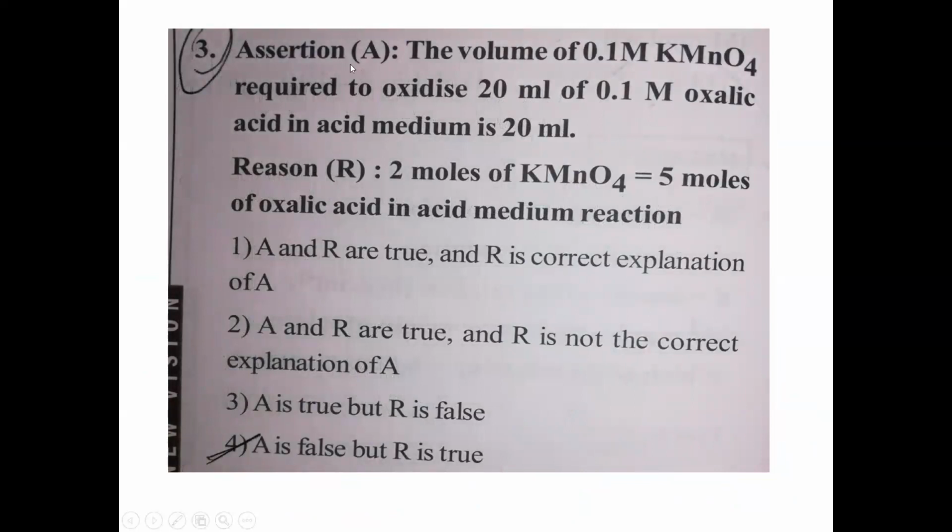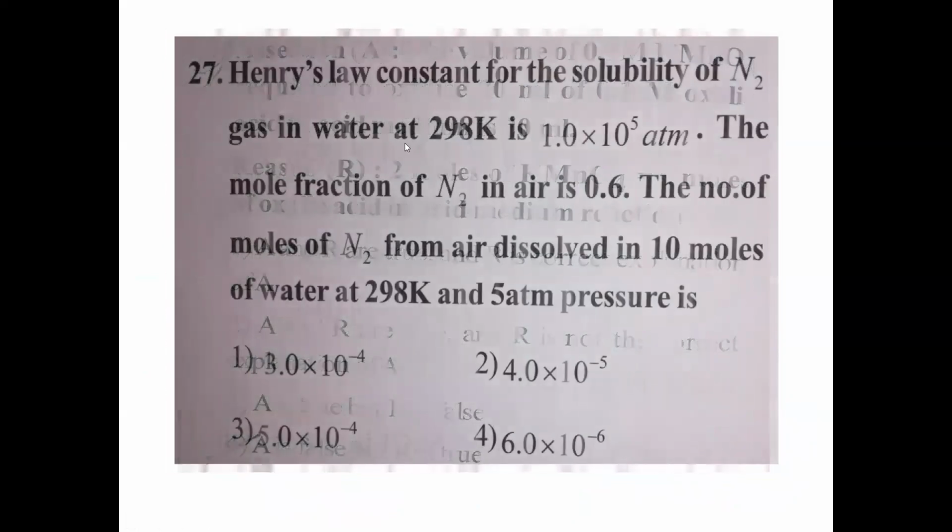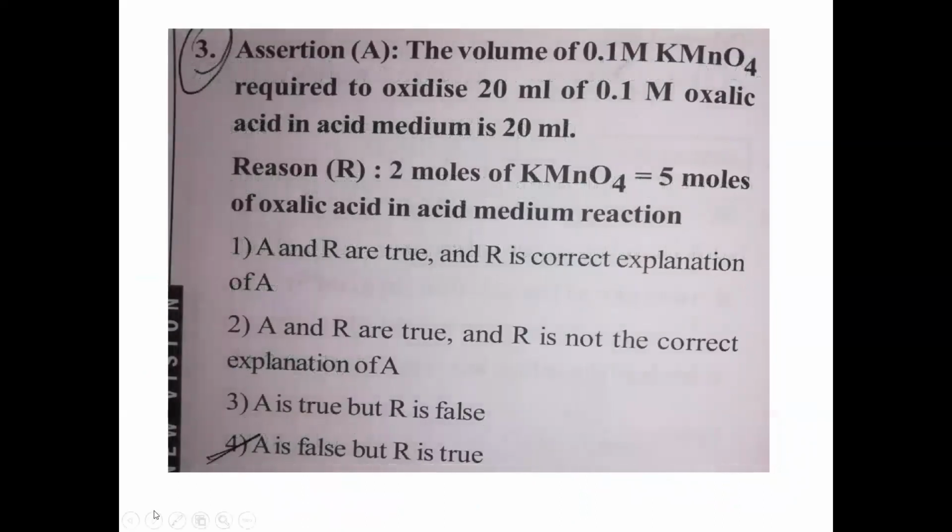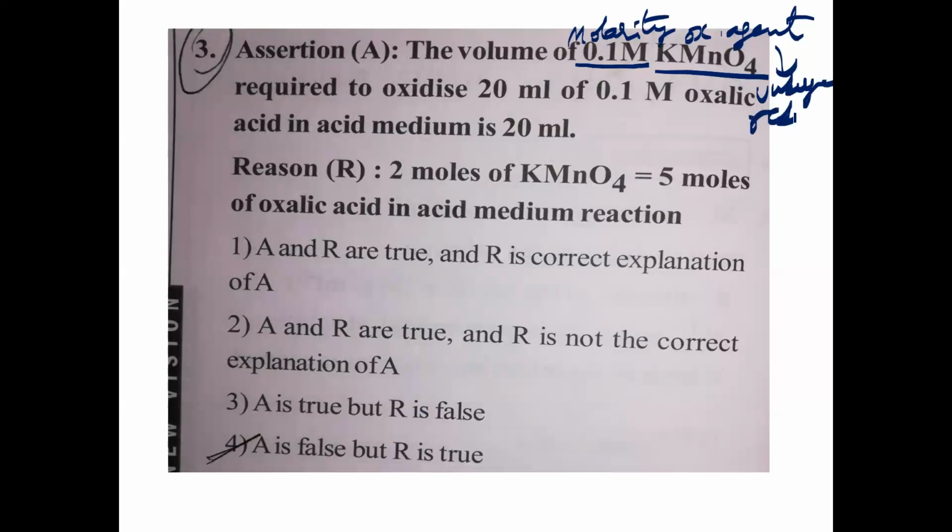Next one, assertion and reason type. Now in this, what is given is the volume of 0.1 molar, so molarity given. Molarity of which substance? KMnO4. It is an oxidizing agent. Oxidizing agent means it undergoes reduction.